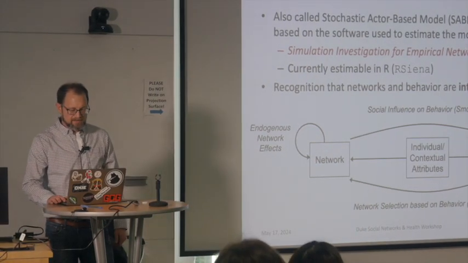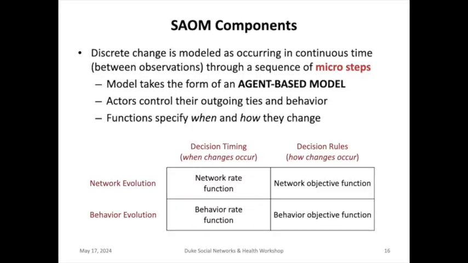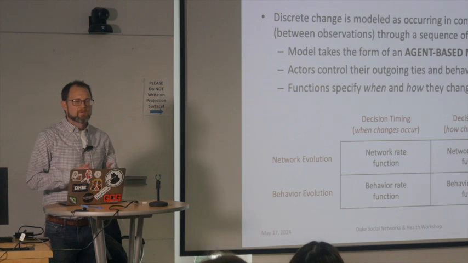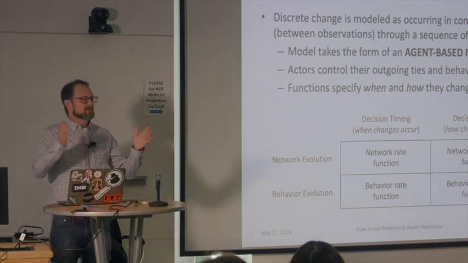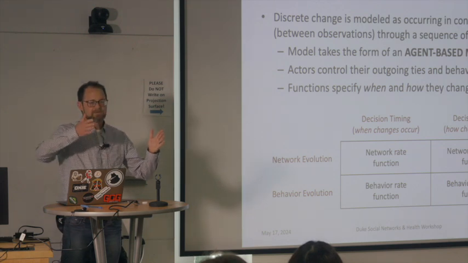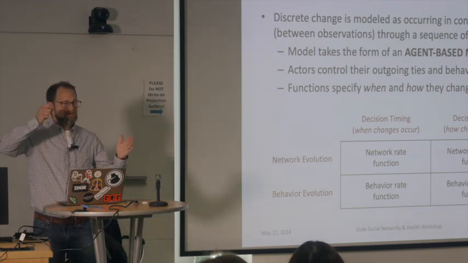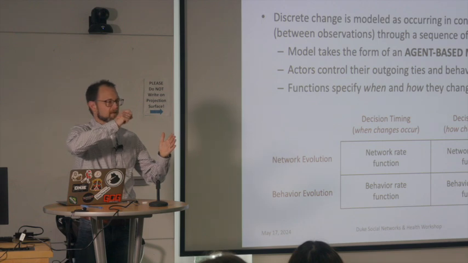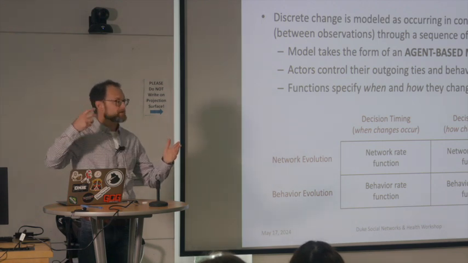All right, so how does this work? Okay, well, we've got two discrete waves of data, at least, that we're looking at. We're assuming continuous time between those two waves. So we're assuming there's all these microsteps, thousands of microsteps between these, and we're going to model what happens across these microsteps. Or we're going to imagine what could happen, right?